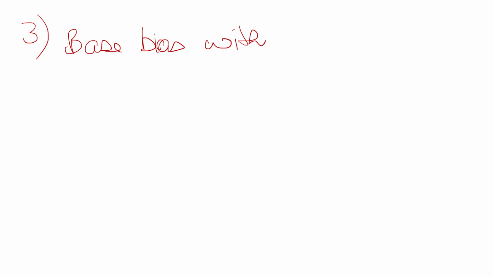Now I am moving into the third type of bias, that is base bias with collector feedback. What do we do with that?